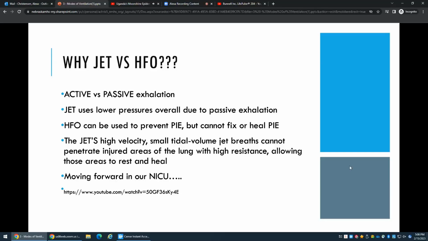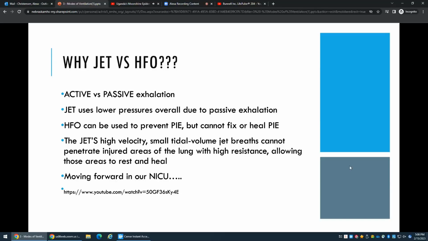And how that works, the jet uses very high velocity, small tidal volume jet breaths. Those tiny jet breaths actually do not penetrate the injured area of the lungs. So when you have PIE, that is an area of the lung that has very high resistance or very poor lung compliance. And the jet breaths actually cannot get to that area of the lung. That allows that area of the lung to rest and heal if it's not being ventilated.